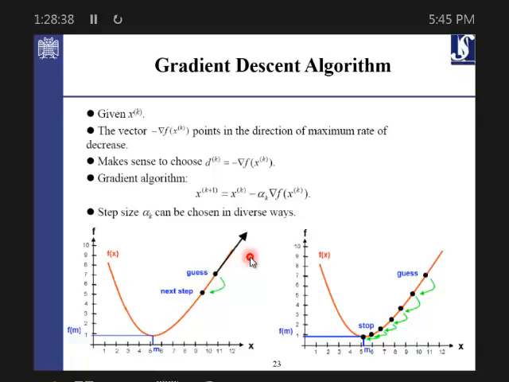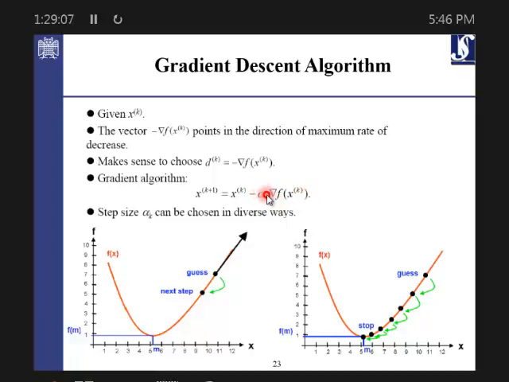The negative gradient, the inverse of the gradient, is the direction that we take, but how many steps and what the step size should be is mentioned here. So we say the next point should be the previous point plus the direction and the step size. The direction is already the negative of the gradient, and this alpha is the step size.